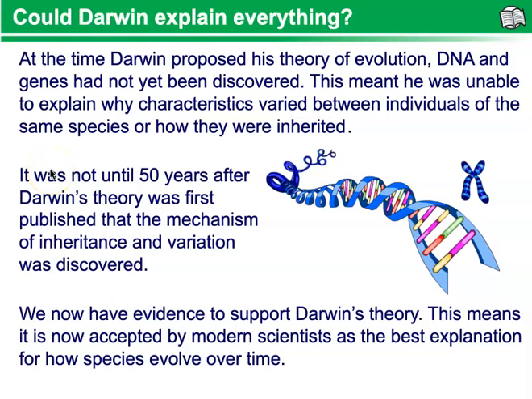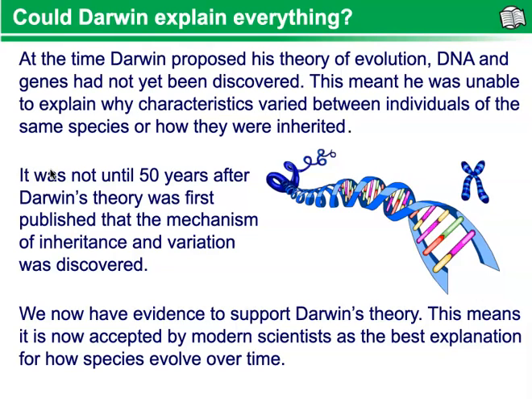So could Darwin's theory explain everything? At the time Darwin proposed his theory of evolution, DNA and genes had not been discovered. This meant he was unable to explain why characteristics varied between individuals of the same species or how they were inherited.